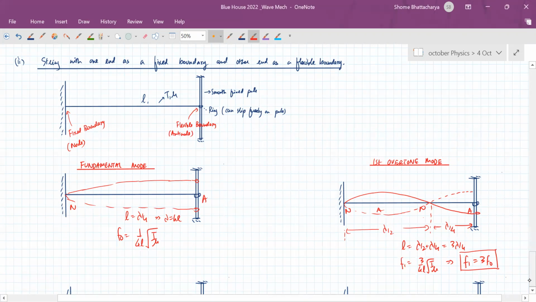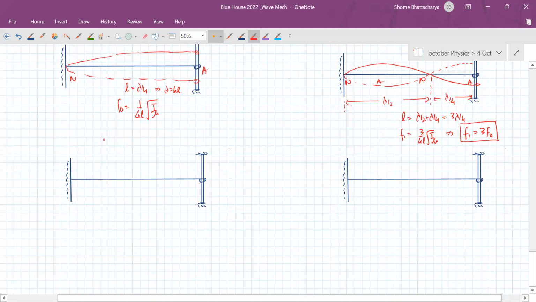Okay, now you can see here that correspondingly the second overtone mode has to be something where again there is an antinode and a node, but there are more nodes and antinodes. So the least number of nodes and antinodes after the first overtone. In the first overtone there was one pair of node and antinode, so now there can be another pair of node and antinode. It can be node, antinode, node, antinode, this kind of situation.